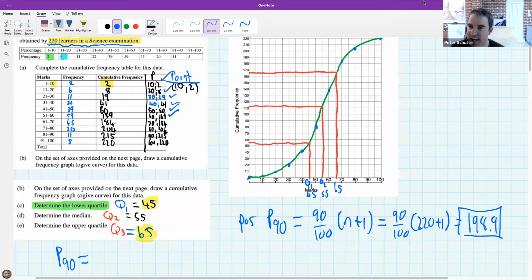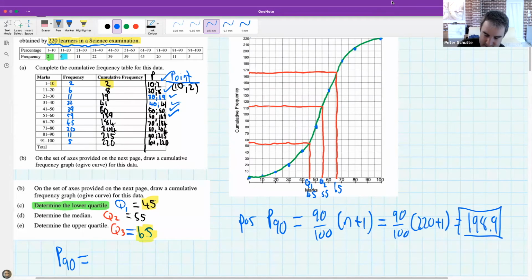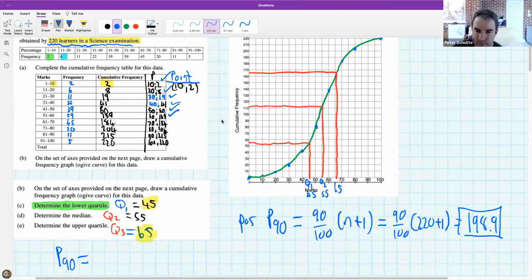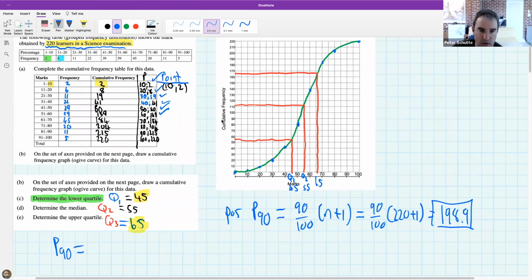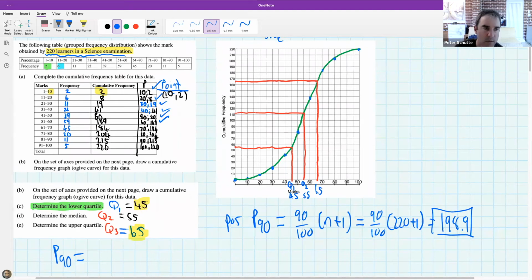What is my estimated value of P90 using this ogive? Let's have a look. Just like the other ones, 198.9, it looks to me like it's all the way up here. So I'm going to get to about there.